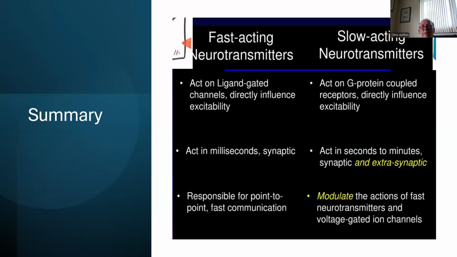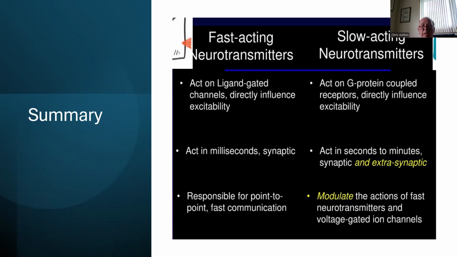Just to summarize what I've talked about, I'm hoping this will help in the next discussions and understanding how drugs work for real. To summarize, fast-acting neurotransmitters, GABA and glutamate, act on ionophore channels and directly influence electrical excitability across the membrane.